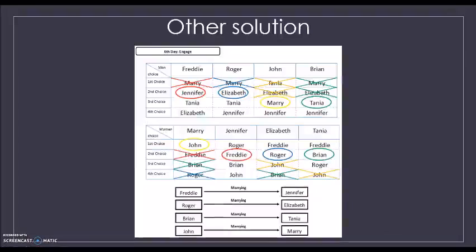So I think that's the best solution, because everybody got, for the men, between their second and third choice, and for the women between their first and second choice. Compared to the previous algorithm, they got lower priority of choice. Here they got better.